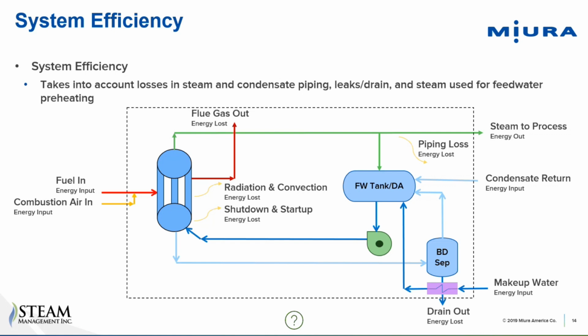The flash steam can go to the DA or it can go to the atmosphere, and DA is obviously more efficient. You could have a condensing economizer, a secondary economizer on the flue gas, things like that. But none of that really impacts what the boiler is doing. So it matters for the user. It's really important. But when we're talking about selecting a boiler, we're going to really look at boiler efficiency and in-service efficiency.